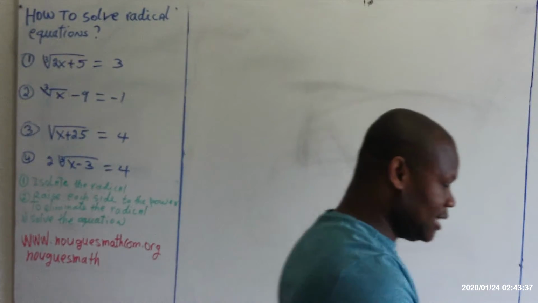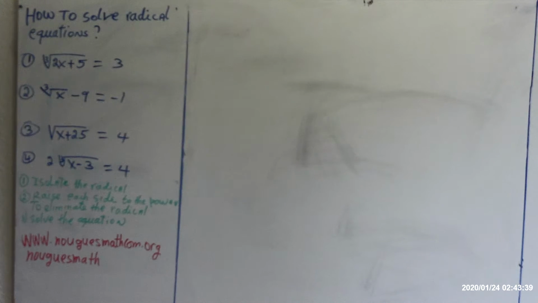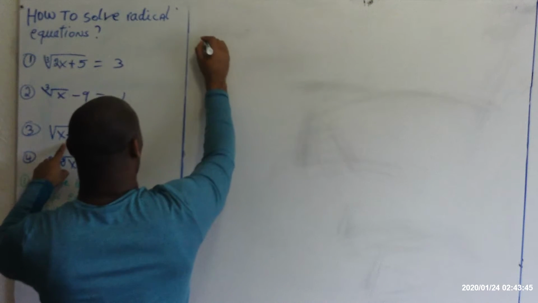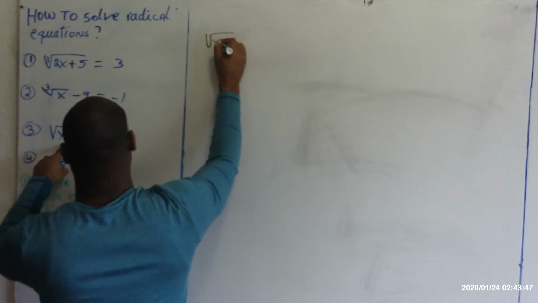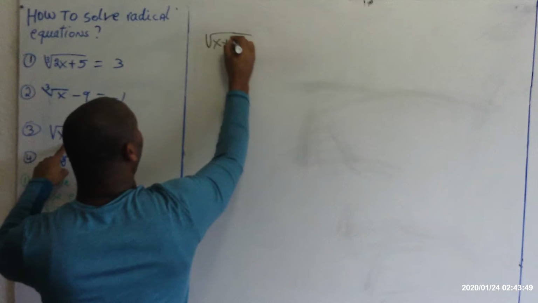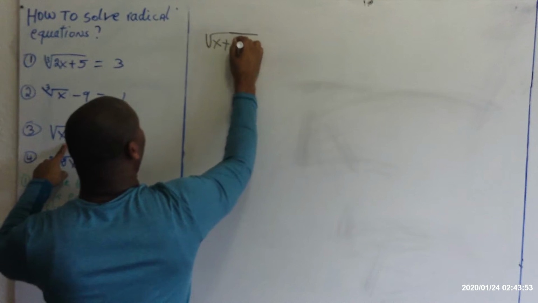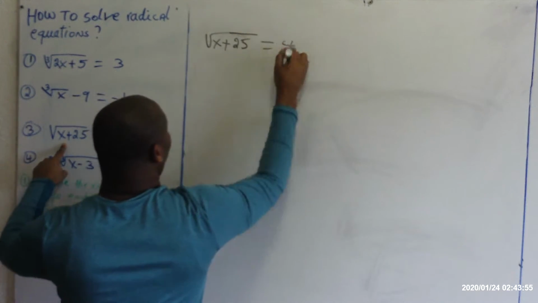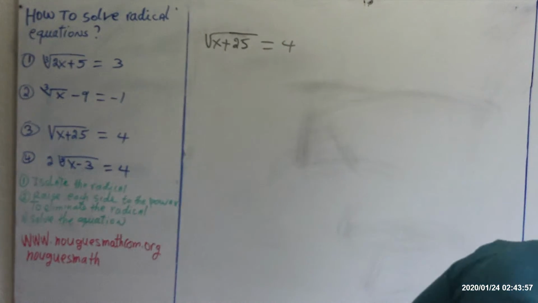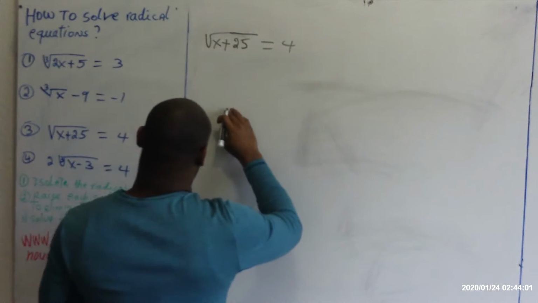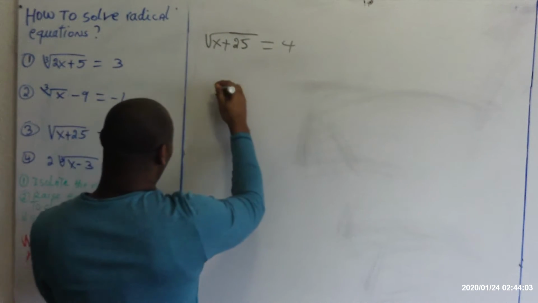And then the third exercise. The third exercise, we're going to have the radical of x plus 25 equal 4. Okay, that's what we're going to do. It's already isolated. What we're going to do is just raise the power.